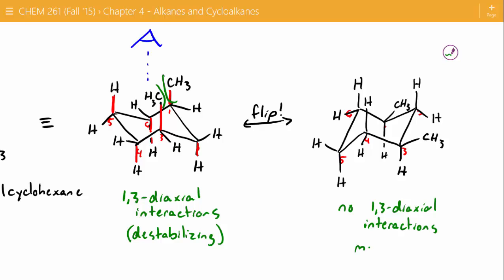Therefore, it's more stable. So just like with ethane, with butane, I said that some of those Newman projections weren't as stable as others. Same thing's true for cyclohexane. You can flip them, but some of the conformations are inherently higher energy or less stable.